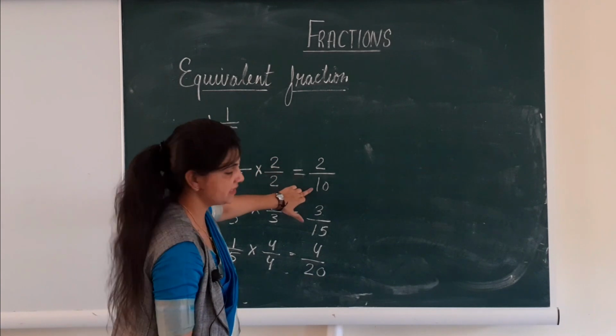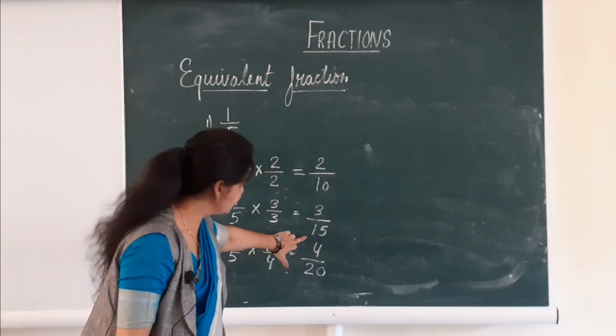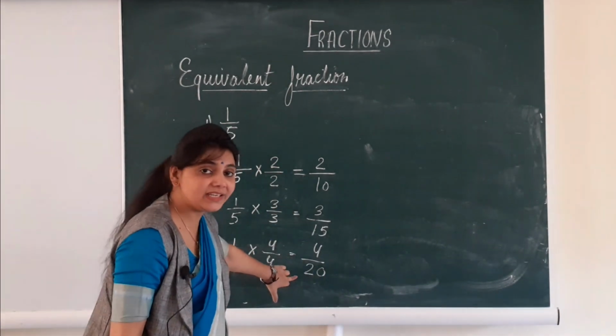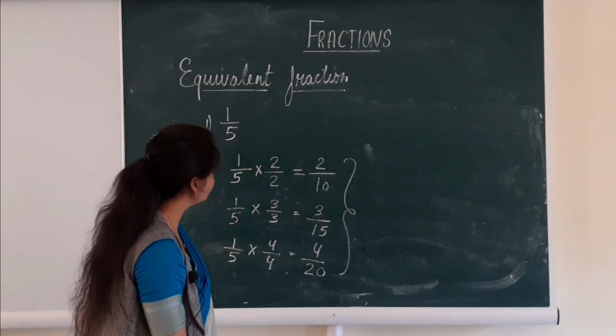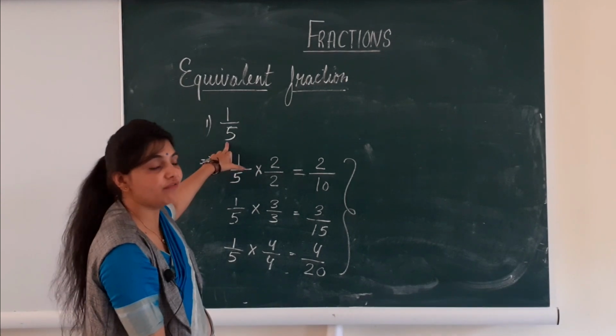Means 2 by 10, 3 by 15, 4 by 20 are the next three equivalent fractions of 1 by 5.